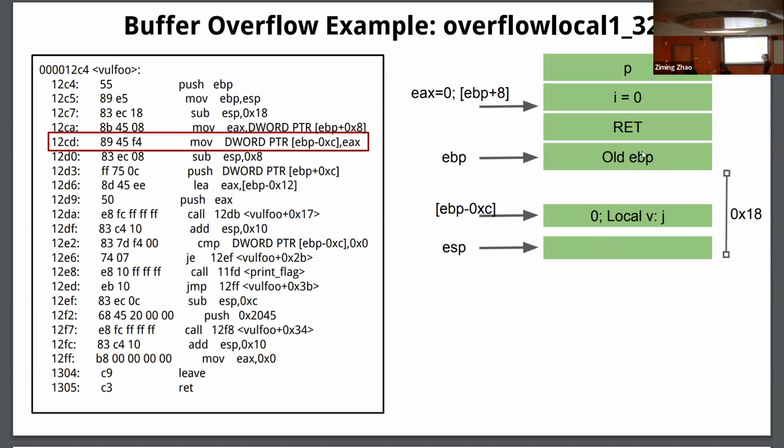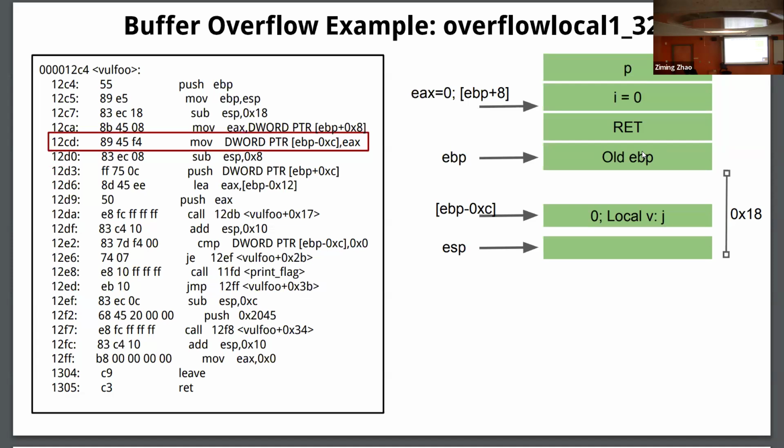So we're moving that 0 to a local variable, and that local variable is actually our local variable J. So now we know that our local variable is at EBP minus C. That's its location. This is a relative location, right? This local variable only has a relative location. Its location is always 12 bytes lower than where EBP points to.